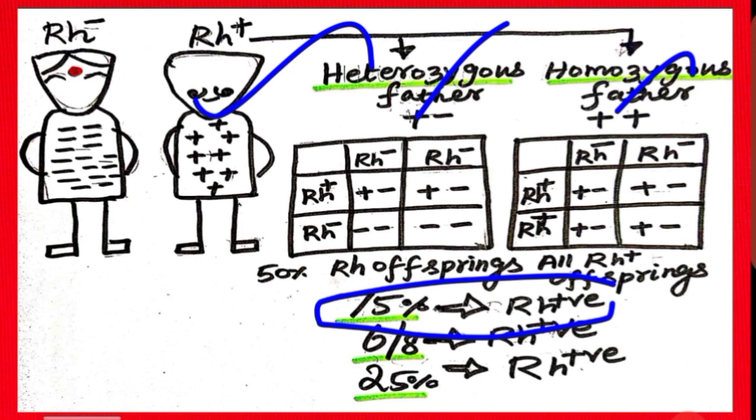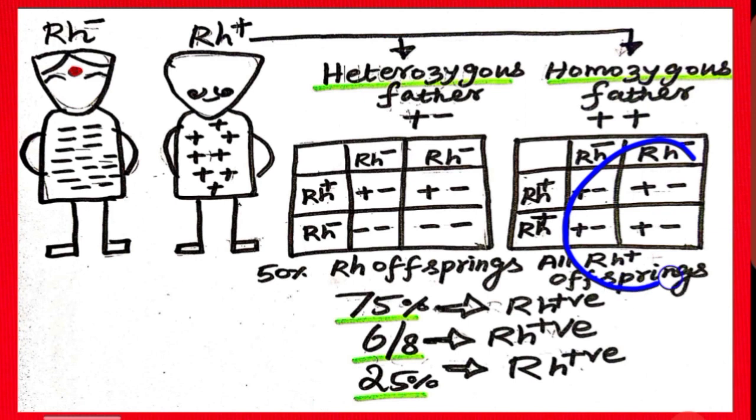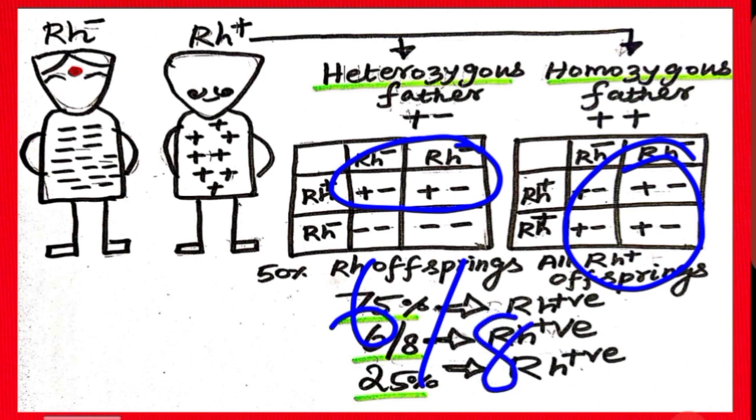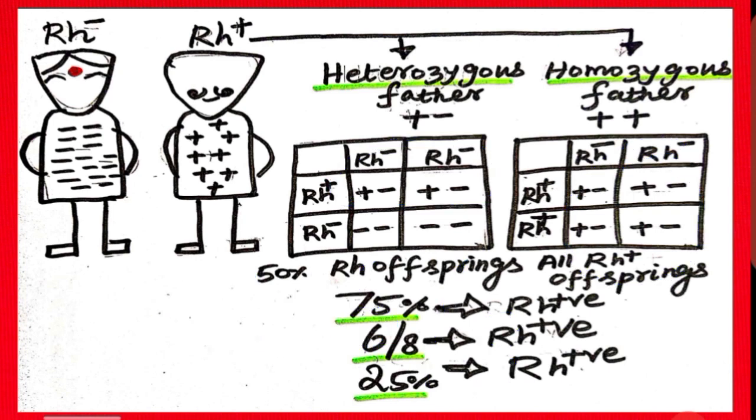Observe the checkerboard carefully. We have 4 RH positive here plus 2 RH positive here. So how many? 6 out of 8. That is around 75% of offspring will have the phenotype of RH positive.